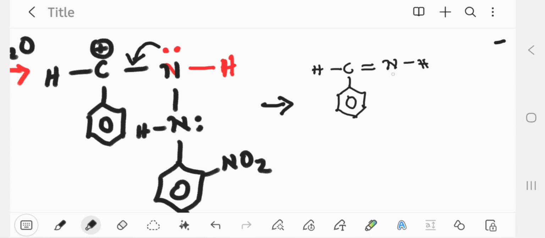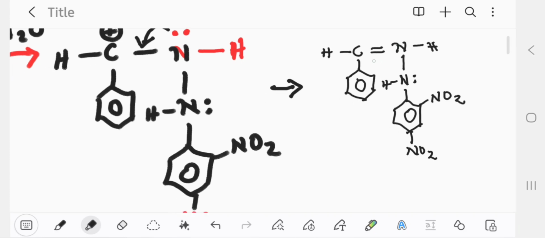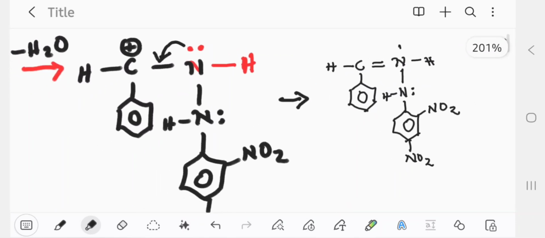Then coming down, we have nitrogen with this hydrogen, then with the ring, NO2, NO2. So now we have this. Remember, nitrogen here is surrounded by 4, so here is going to be a positive charge. Can you see? This is what we're going to produce at this stage.